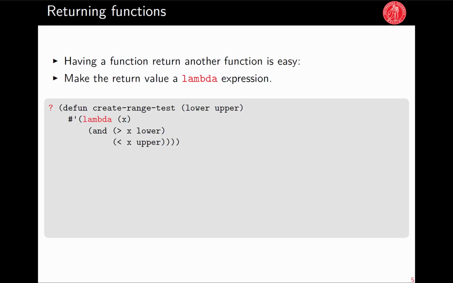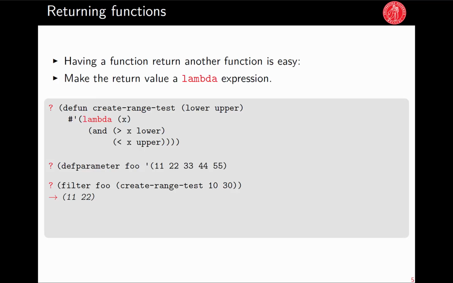It doesn't do anything else. It returns a new procedure, very similar to the one you saw on the previous slide: a single argument procedure that checks whether the argument is within the range given by lower and upper.